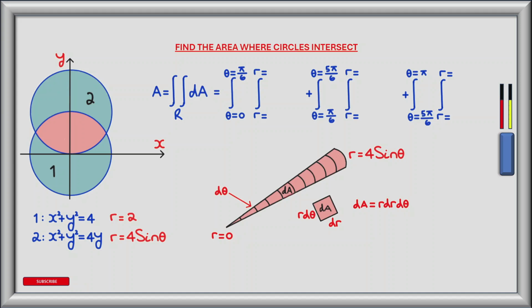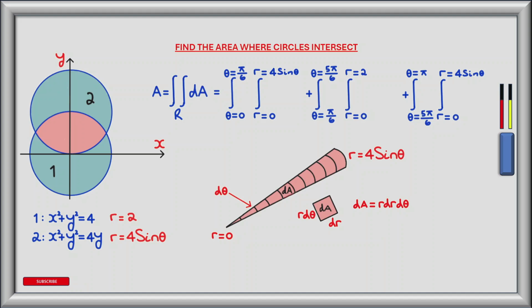Now we can add in the limits of integration of our three sectors when we integrate or sum along the radial distance r. In the first sector, we saw that our lower limit of integration was at r equals 0 and our upper limit was at r equals 4 sine theta. In the second sector, we saw that our lower limit was at r equals 0 and our upper limit was at r equals 2.